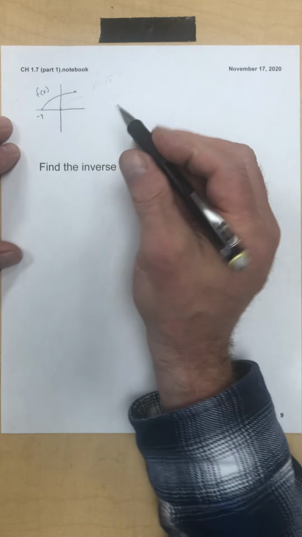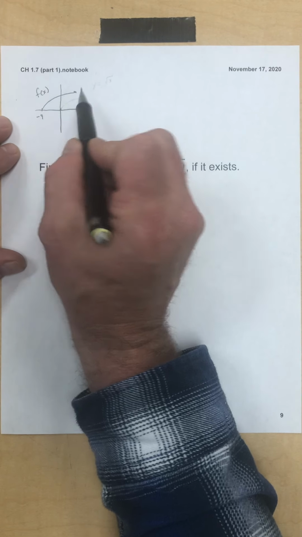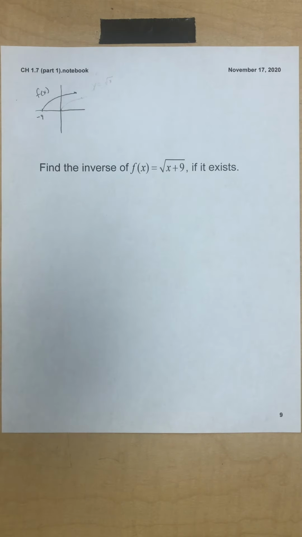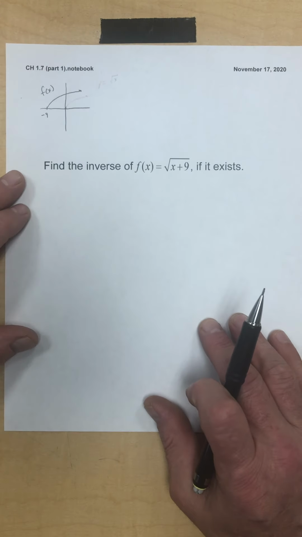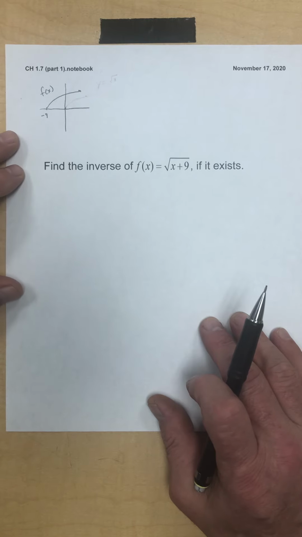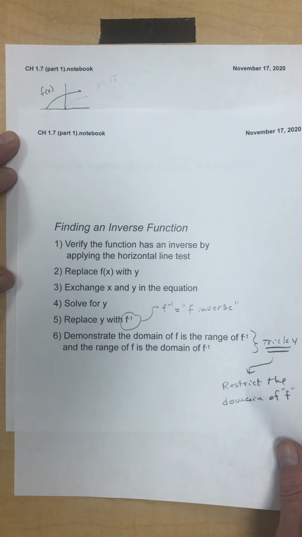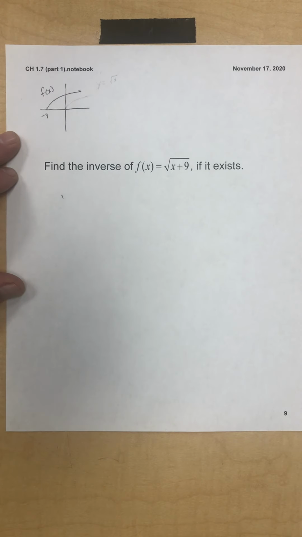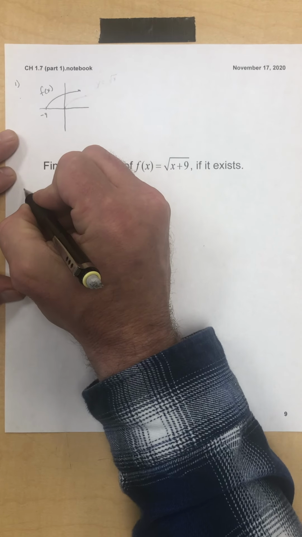So it certainly looks like if we apply the horizontal line test, it's definitely going to pass the horizontal line test. So we should have some good stuff going on with finding the inverse. I'm going to continue to refer back to this graph.